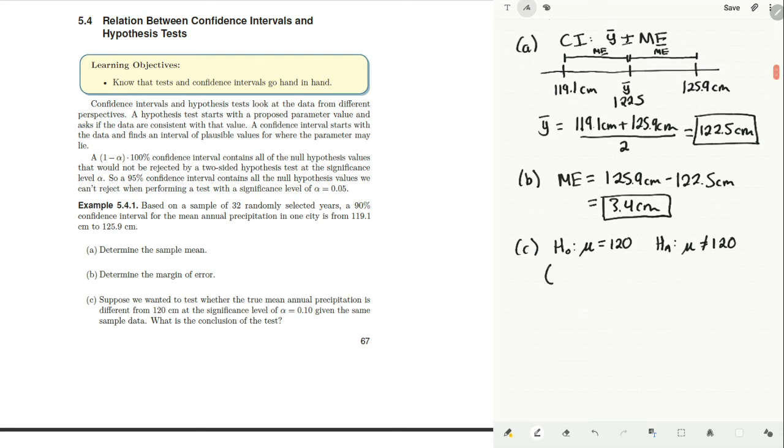Now the 90% confidence interval is 119.1 to 125.9. So we can already conclude the outcome of the test based on the 90% confidence interval. Since 120 falls within the confidence interval, we cannot conclude that the mean annual precipitation is different from 120 centimeters.